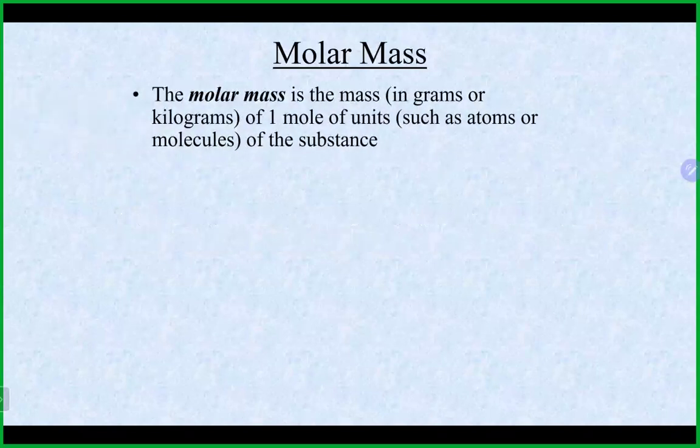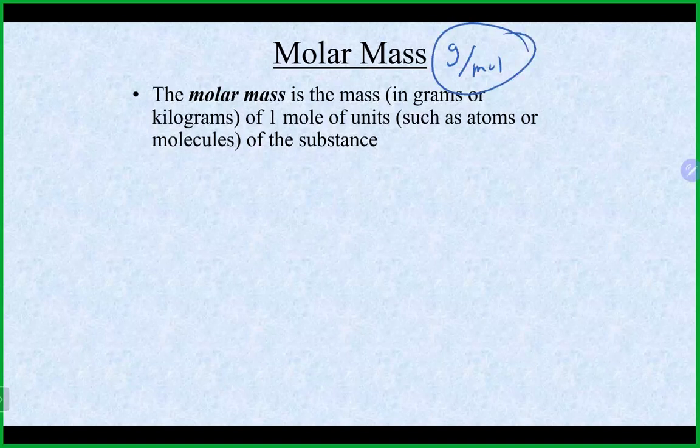Now, probably the conversion factor that you'll use the most as you go through chemistry, which is a really important one, is molar mass. And molar mass has 2 units, which are grams per mole. And the number always stays with the grams part, and it's always per 1 mole. The molar mass is the amount of grams or kilograms in 1 mole of a substance.